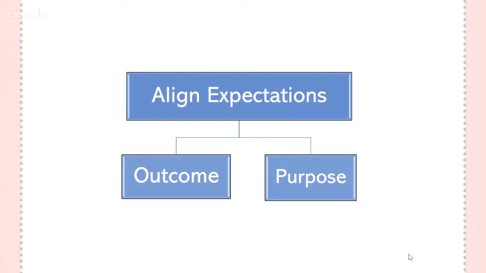For example, if you ask them to describe something they see in a random picture, they won't see why they have to do it. They think, okay, I just have this picture and I have to describe it. What's the point?